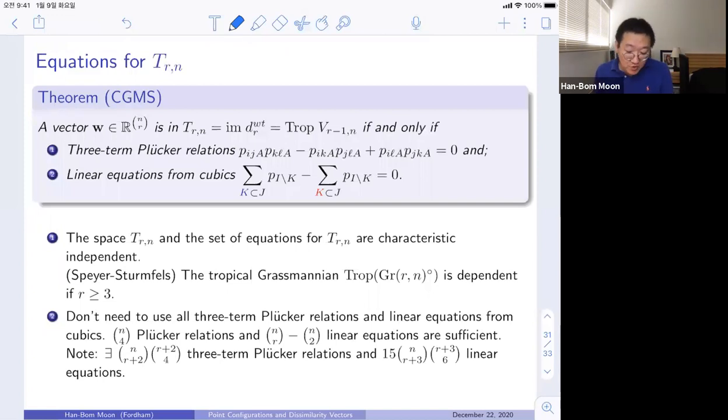We can use only n to the 4 Plücker relations and n to the r minus n to the 2 linear equations. They are sufficient. So in other words, there is an abundancy of the defining equations, but these equations are really easy to check. So I think the image of the weighted dissimilarity map is a really interesting and helpful creature.